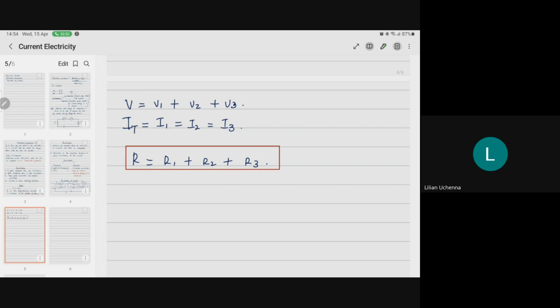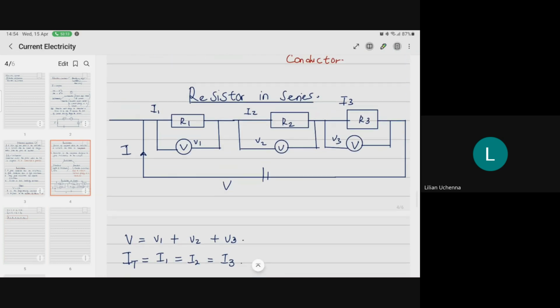So in series, I've told you why the current is going to be that way. Anytime in series, current is going to be constant because that is how the connection is meant to be. But for the voltage, it's going to be shared. When it's in parallel, we expect the reverse to happen. That is why when you connect bulbs in series, as you put more bulbs in the circuit, the dimmer it gets.